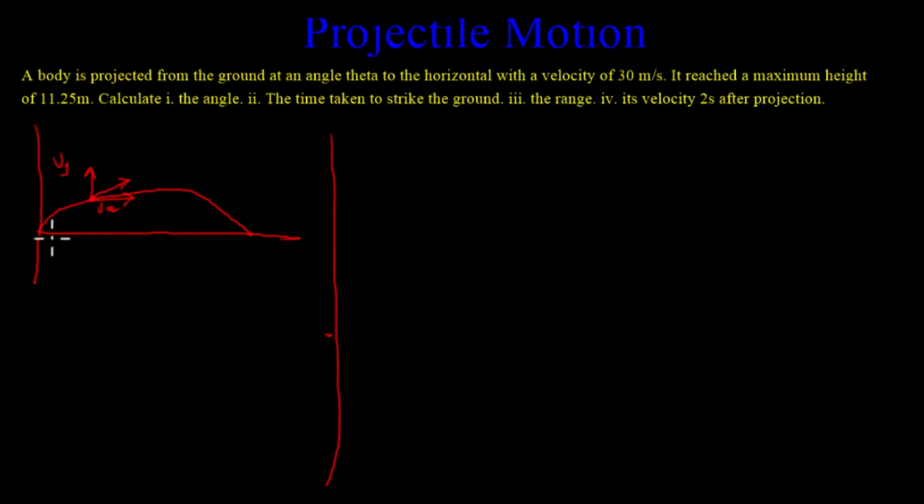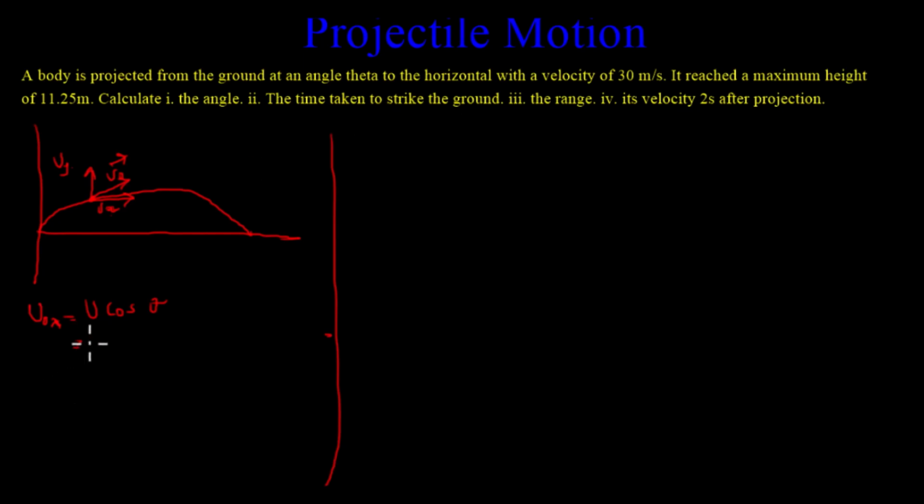Remember, from vectors, for us to find vector V itself, what do we simply need to do? Square x, square y, take it under the square root, and then find the value of the vector. So that's what we want to do. Our V naught of x is equal to V cos theta, and what is V? 30.